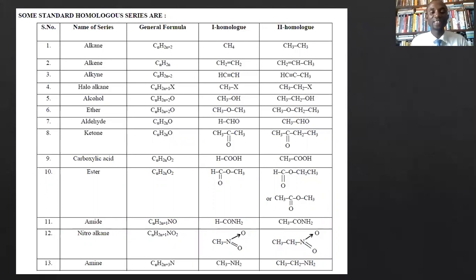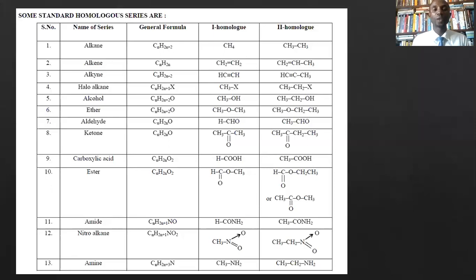We have amide. We have nitroalkane. We have amine. These are several. We have so many families of organic compounds in chemistry. But this is what we mean by a homologous series, family name. And you can see their general formula, which you can use to generate their members.